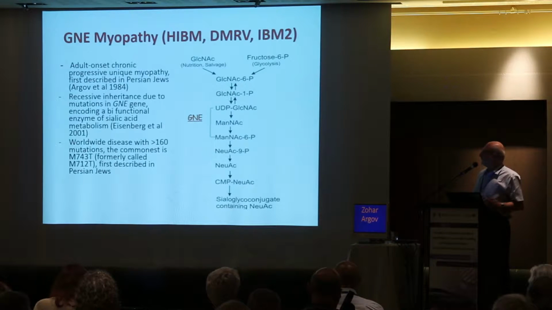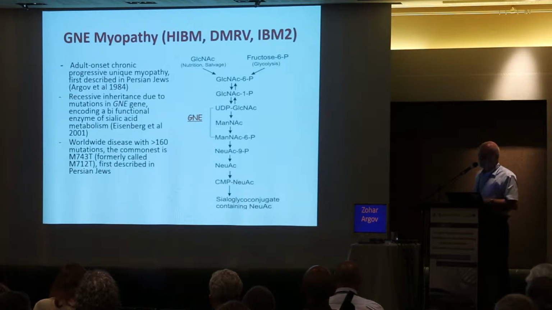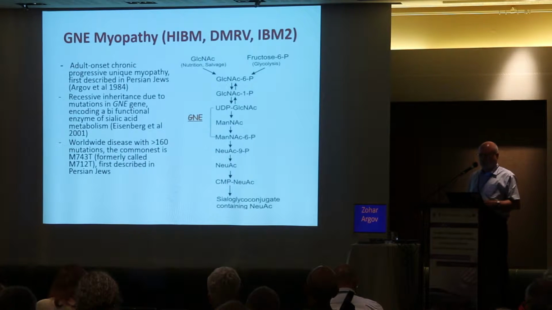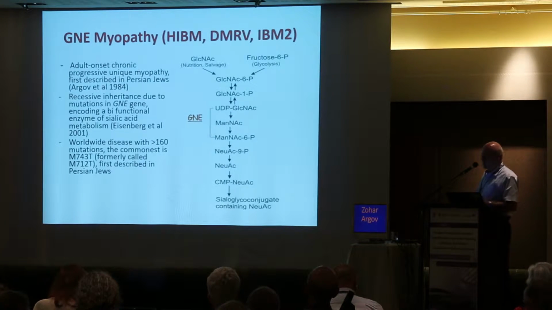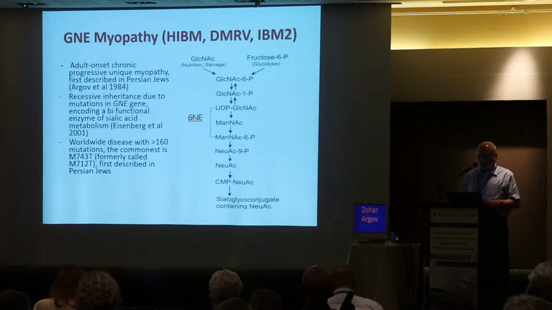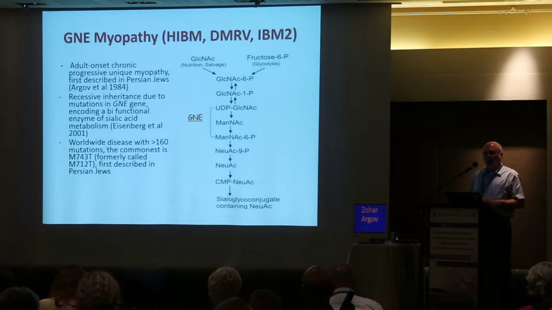Through work of Iris Eisenberg as a PhD student in Stella's lab, we found that the disease is caused by recessive inheritance of mutations in the GNE gene, and this gene encodes a bifunctional enzyme in the sialic acid metabolism.